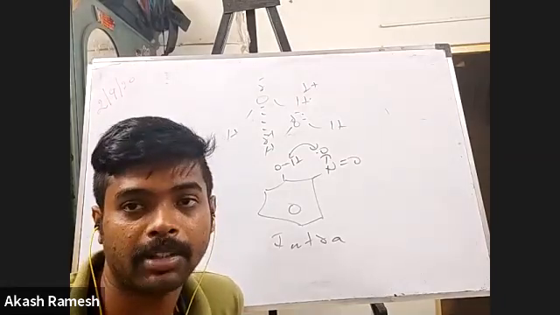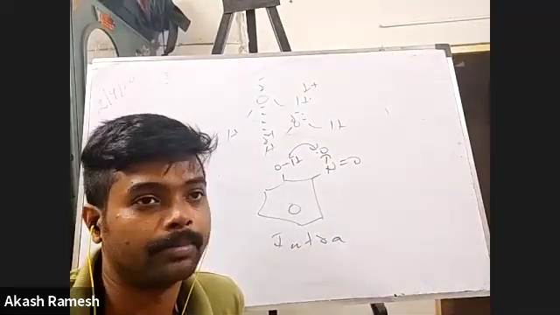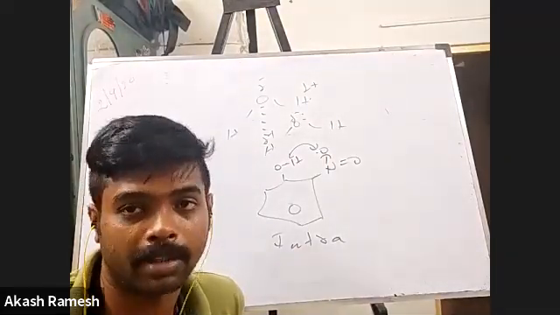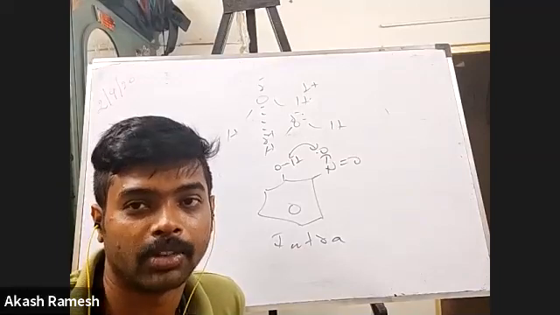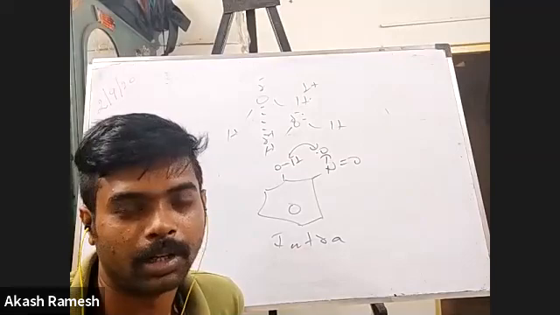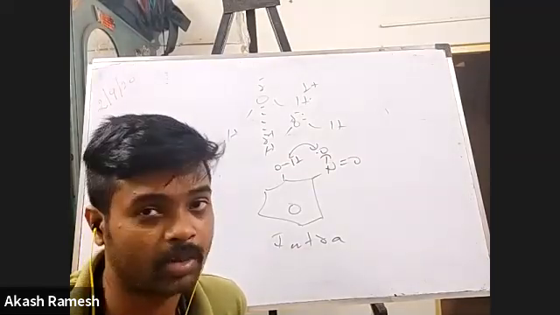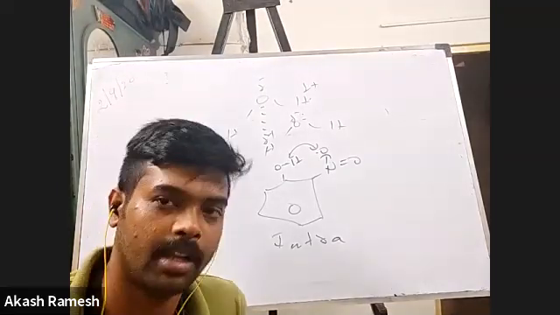Fine. So the next chapter we'll be starting is gaseous state. For the next three chapters, it is going to be full numericals. Right now, periodic table, chemical bonding as well as redox reactions, you wouldn't have any numericals as such.